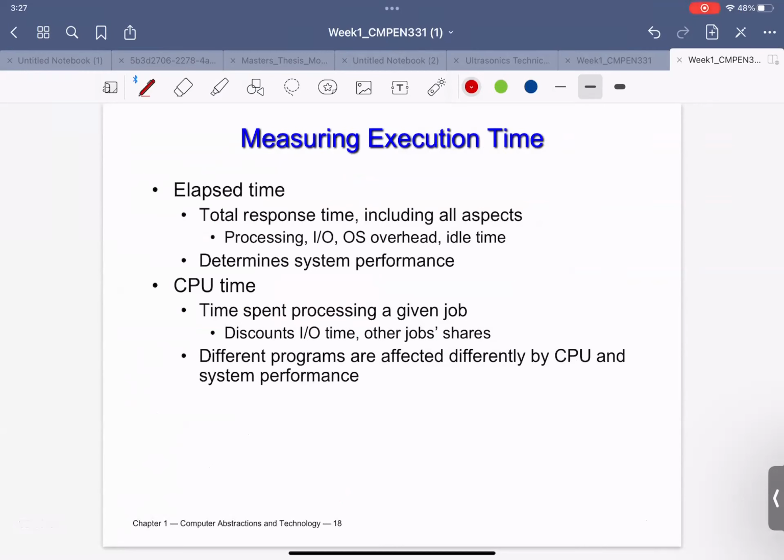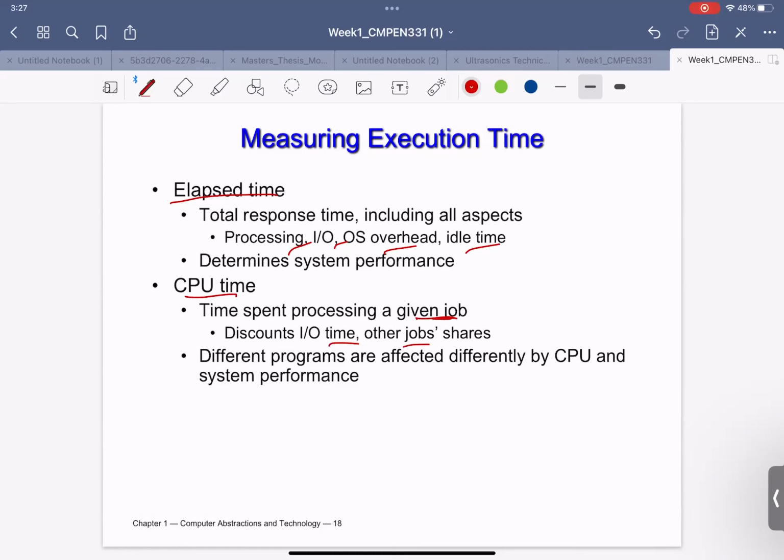Another expression that I would like you to be familiar with is the elapsed time. We mentioned the response time. Here, the elapsed time is the total response time, including all aspects like processing, input, output, overheads, idle time, and stuff like that. Everything. This is the elapsed time. But the CPU time is just the time spent processing a given job.